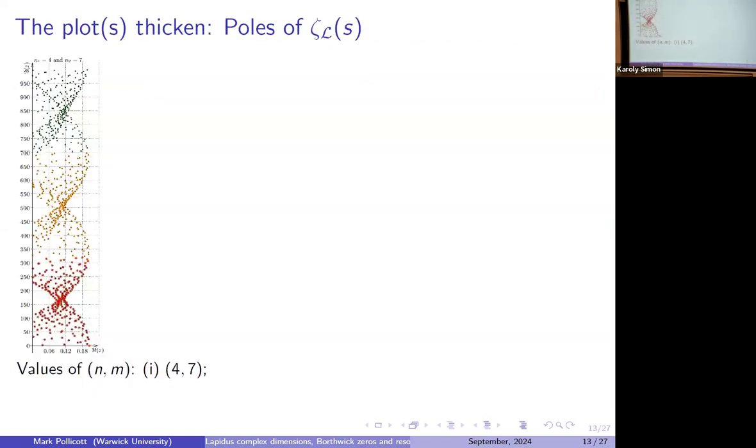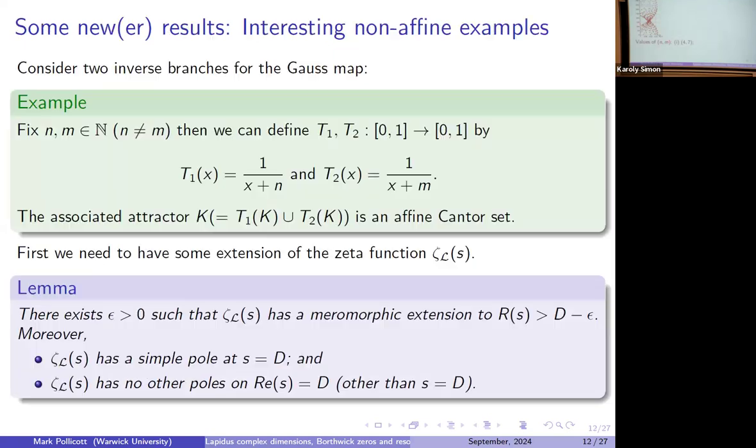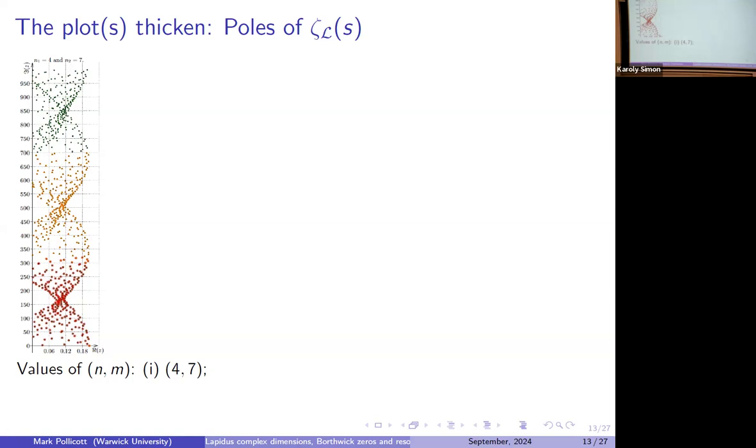Okay, so here's a picture. If we take n and m to be 4 and 7, so that we are contracting by 1 over x plus 4 and 1 over x plus 7, just as an example, then it converges to the right of some line, and the line stops on the axis at the dimension associated to the Cantor set. The previous lemma says it has an extension past that line as a complex function.